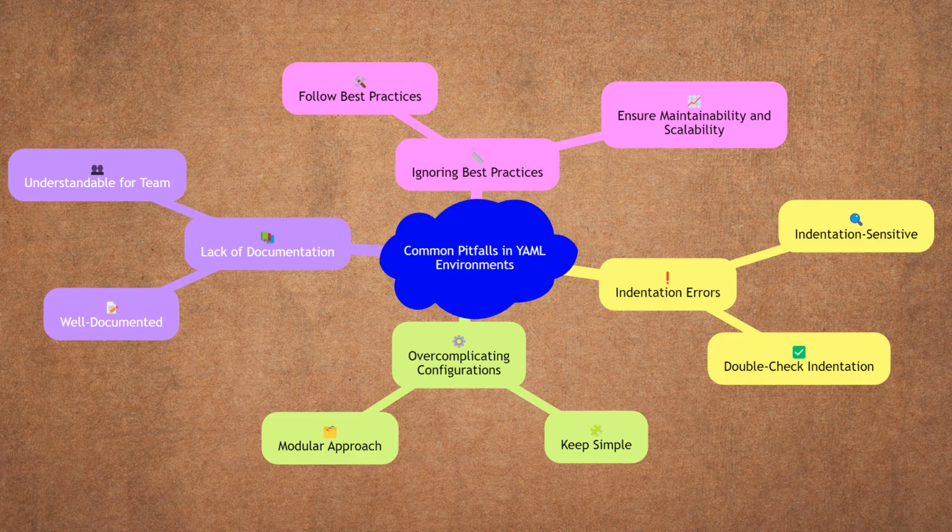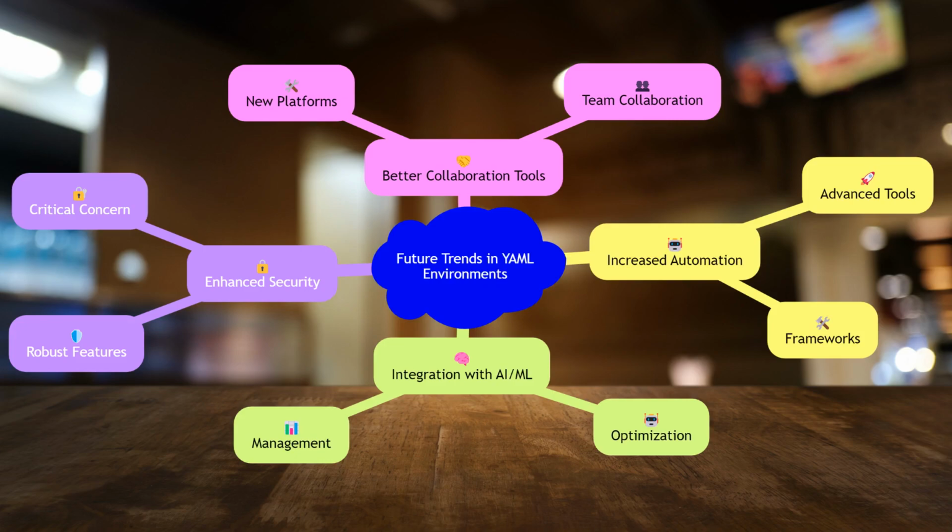The landscape of YAML environments is continually evolving, with new trends and technologies emerging. Some future trends to watch include: 1. Increased automation. More advanced automation tools and frameworks will continue to emerge, making it easier to manage YAML environments. 2. Integration with AI/ML. AI and machine learning will play a more significant role in optimizing and managing YAML configurations. 3.